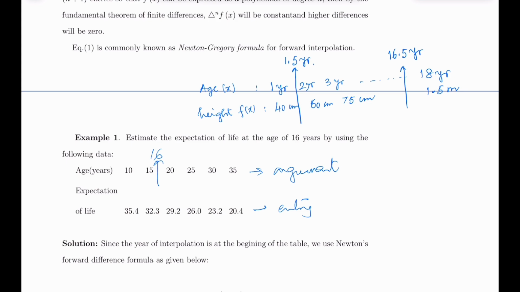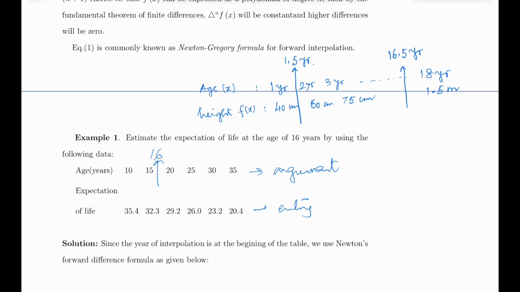If we had to find out the height of the child at the age of 16 years and 6 months, then we had to use Newton's backward difference formula, because the data 16 years and 6 months lies at the end of the series for the age, that is x here.